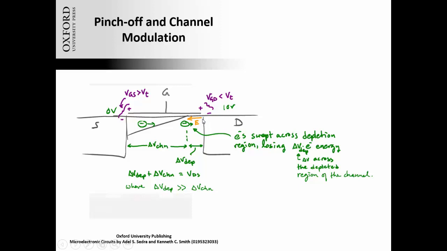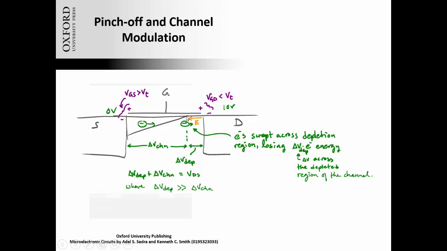Now let's imagine for a moment that the drain is at 10 volts and the source is at 0 volts. And maybe the overdrive voltage for this device is, let's just say, 1 volt. Okay, so at this position here, this location X, where the channel goes to 0 depth, we would have an effective VOV of 0, right?